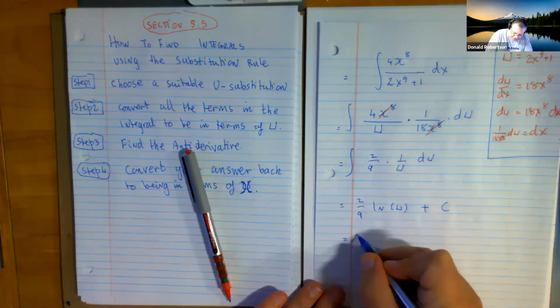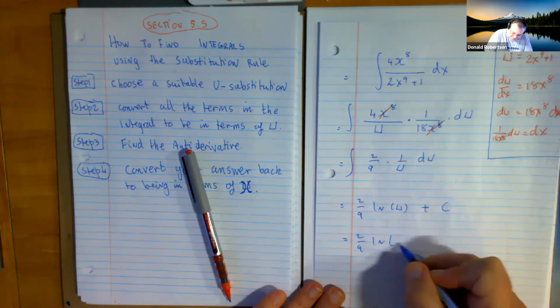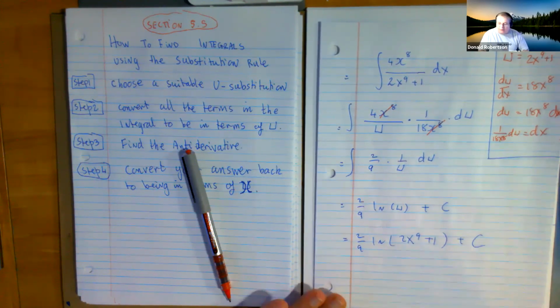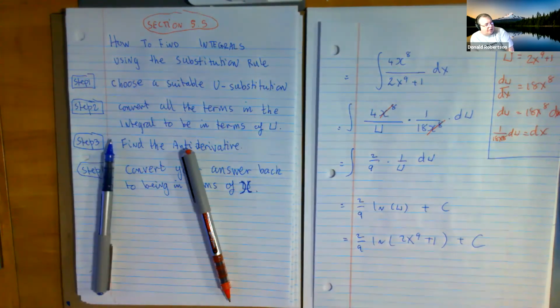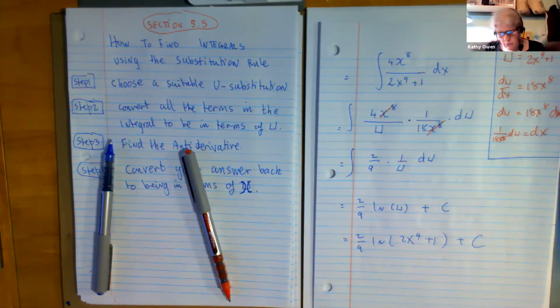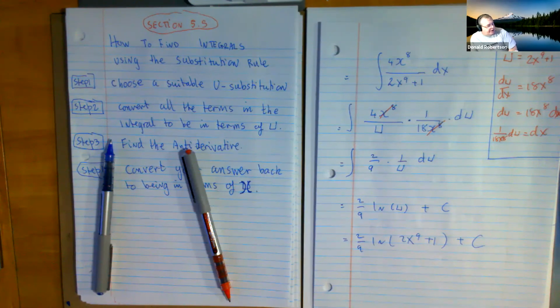And to finish with, you know, I'm perfectly happy with that answer. What do you think I might have to do to make WebAssign happy? Absolute value. Yeah. Any questions about that?